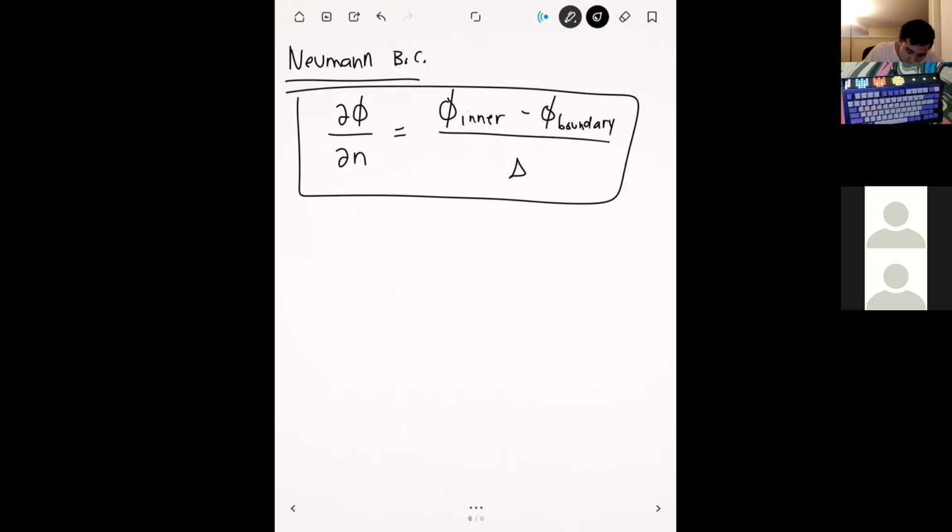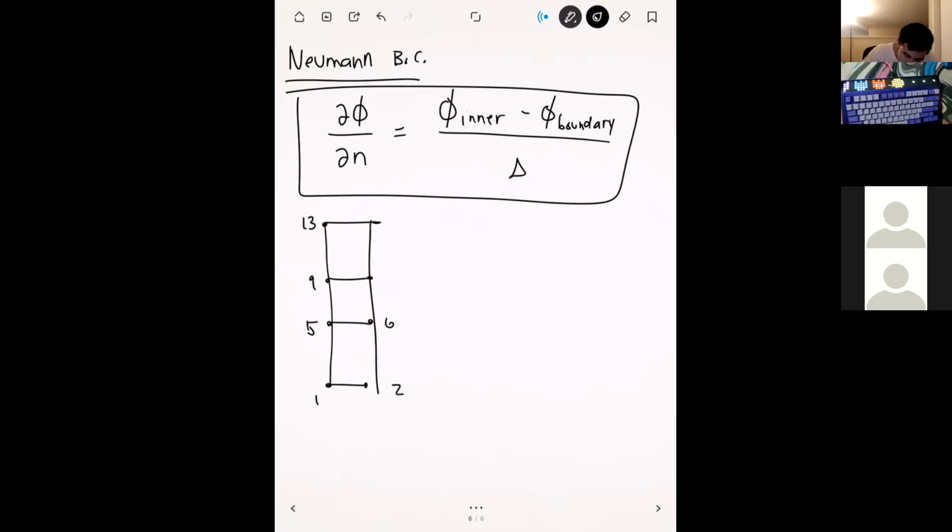Let's go back to our grid here, and let me focus on just the left boundary and draw its immediate neighbors. So this is 2, 6, 10, 14.